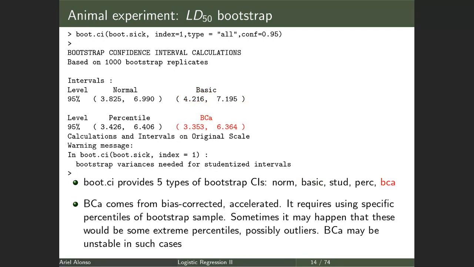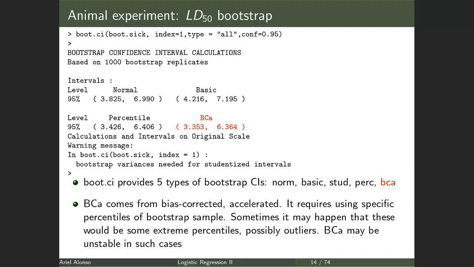And then finally, you have this BCA, which comes from bias corrected accelerated interval, and it requires using certain specific percentiles of the bootstrap sample, not the same you use with the percentile function, but another one. It is a very good confidence interval. However, that's why you have so many different types, because they all have strong points and weak points.